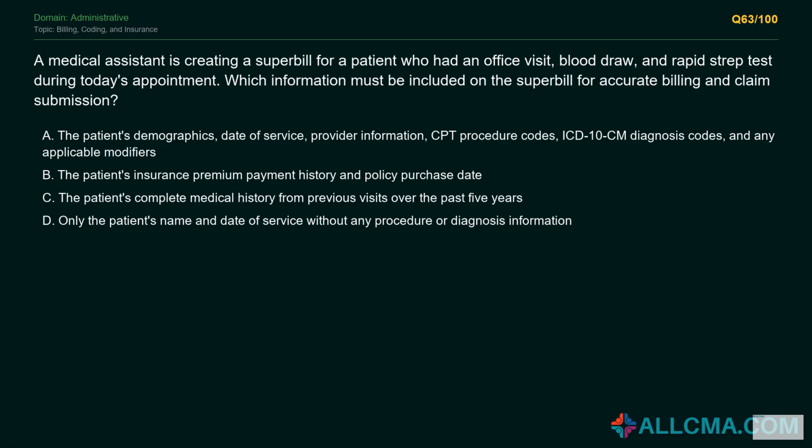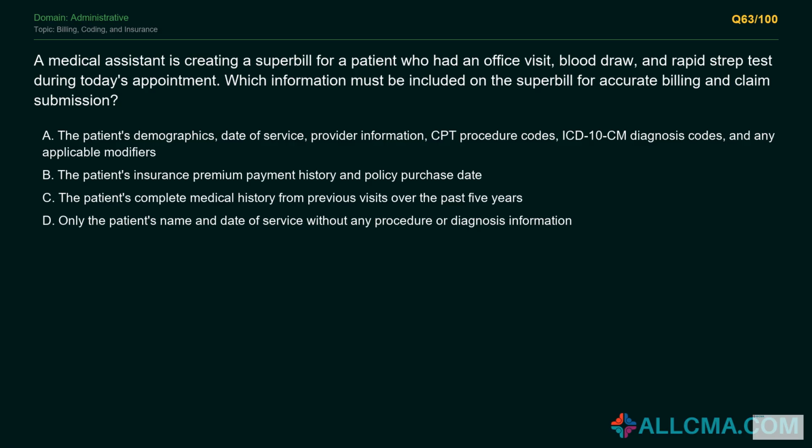Question 63. A medical assistant is creating a superbill for a patient who had an office visit, blood draw, and rapid strep test during today's appointment. Which information must be included on the superbill for accurate billing and claim submission? Option A, the patient's demographics, date of service, provider information, CPT procedure codes, ICD-10-CM diagnosis codes, and any applicable modifiers.